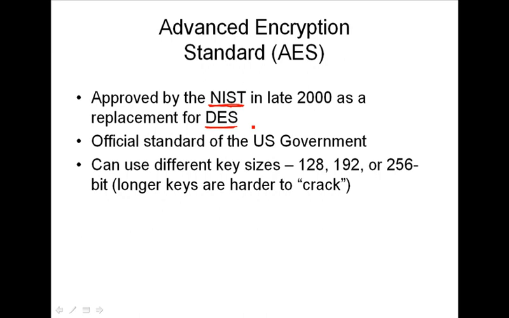It's actually an algorithm called Rijndael, and it was developed by some academic types from somewhere in Europe. I can't remember exactly what university they were from. But this has become the official standard of the U.S. government.